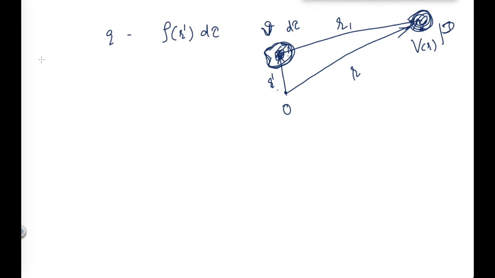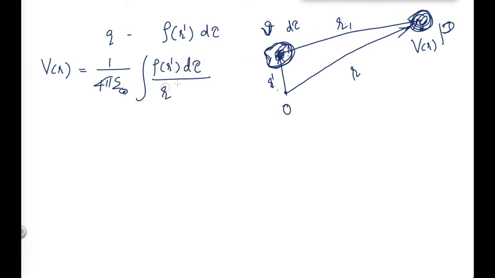So we can write the potential at position R as 1 by 4 pi epsilon 0 integral of rho of R dash dτ divided by R1, because this infinitesimally small volume element lies at position R dash, and with respect to P it is at distance R1. So this is R dash, this is R, and this is R1.